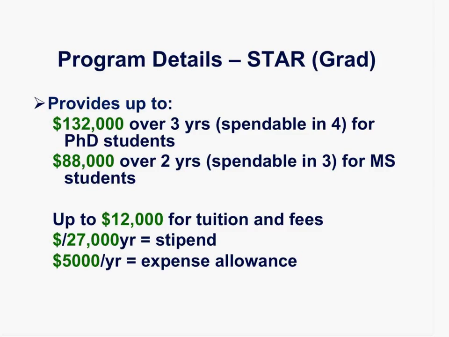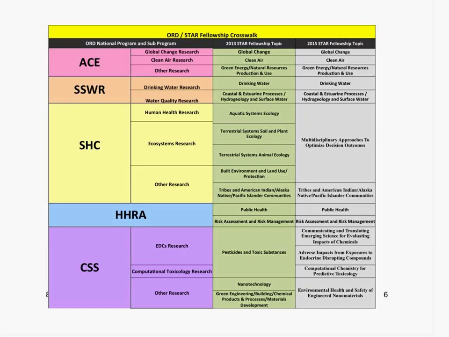One of the selling points for both STAR and GROW is the expense allowance: $5,000 for a year of the STAR award, and $2,500 for the other. The allowance can be used for registration, international travel, international activities, hiring lab assistants, child care, and any related expenses that would offset burdens the fellow may incur while in graduate school. That's what the expense allowance is.